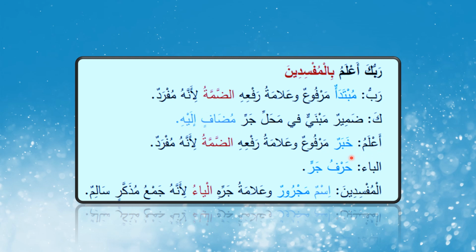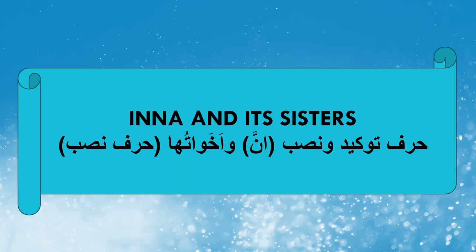A'lamu is khabar. Since Rabbu has come as mubtada, we search for the khabar after the mubtada. So a'lamu is khabar marfu' wa alamatu raf'ihi damma li'annahu mufrad. Ba harf jar and you know after harf jar it's ism majroor. So mufsidin with the ya, you can see it's ism majroor in the position of jar with ya li'annahu jama muzakkar salim.